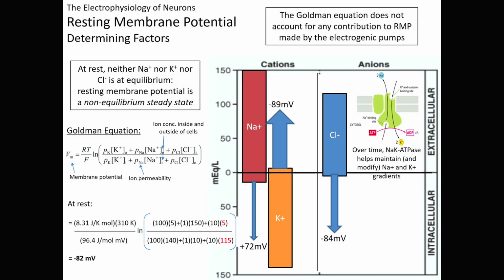If you've got sodium, for example, trying to constantly come into the cell here, trying constantly to get the equilibrium potential to that positive 72 value, how do we make sure that as sodium comes in, it doesn't eventually cause the extracellular sodium level to drop and the intracellular sodium level to rise, and then that would change the sodium concentration gradients here, and then change its equilibrium potential.